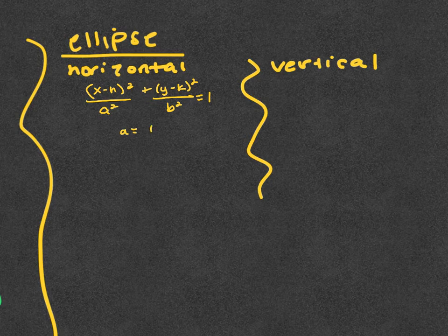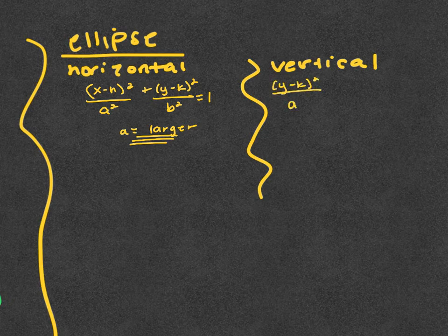The a is larger. For vertical, it's y minus k. Really, it doesn't have to come first, but it does have to go over the larger number.